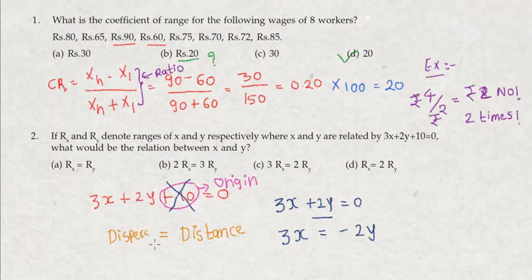So can distance ever be negative? The answer is no. Distance is always positive. So we should also forget about this minus here. So now we only have 3x is equal to 2y. So this is our answer, which is given in option C. So C here is our answer.